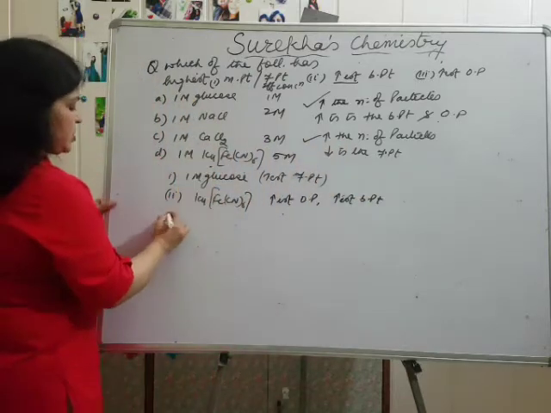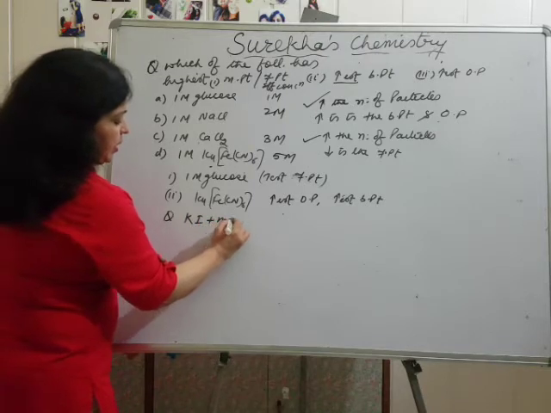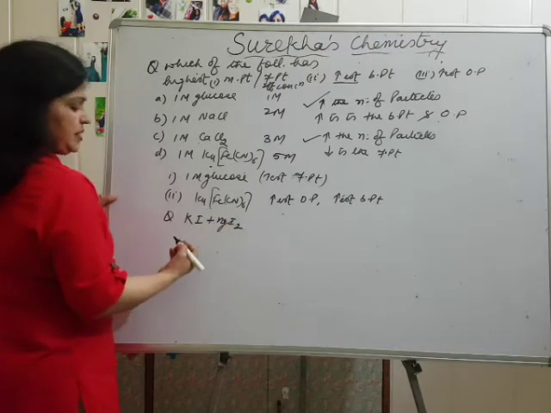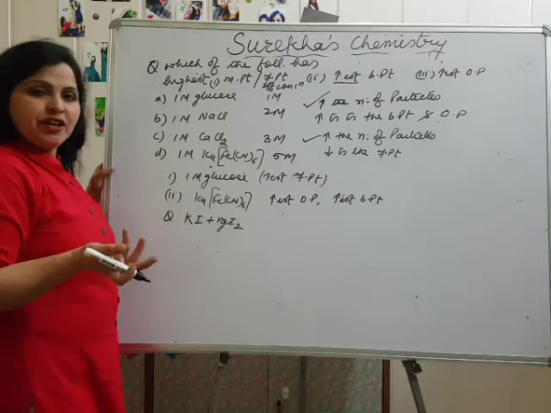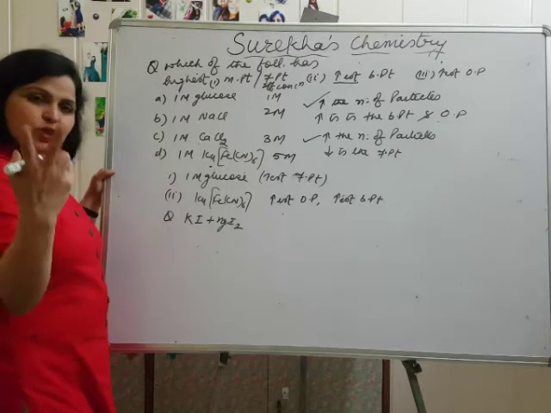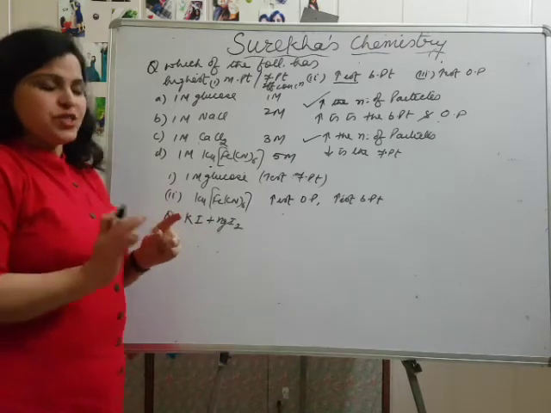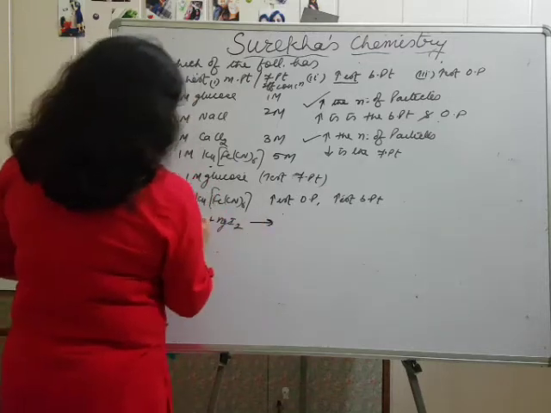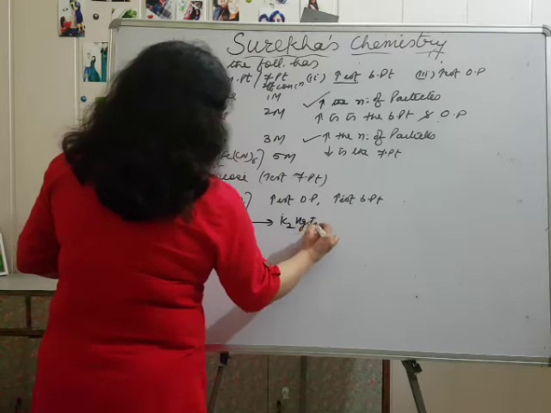राइट, एक और क्वेश्चन है, जब हम KI में HgI2 मिक्स करते हैं तो फ्रीजिंग पॉइंट पे क्या इफेक्ट पड़ता है? सी, KI on going into water will be dissociated to 2 and HgI2 being covalent is not dissociated. जब आप इनको ऐड करते हो तो हमें स्पीशीज मिलती है K2HgI4.